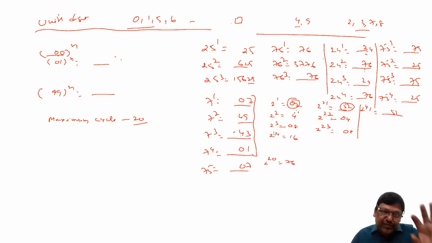You don't need to know all this. I'm just trying to bring in the law, the background behind the shortcut I'm going to tell you now. I'm just trying to give you some sense of it. Because every 20 places it repeats at maximum, the other cycles, 4, 2 or 1, are all factors of 20. We can conclude the last two digit concept like this.